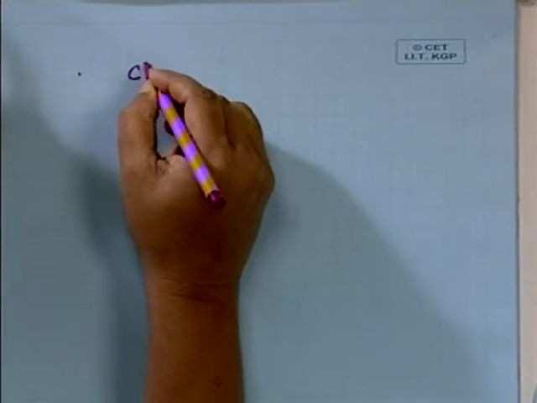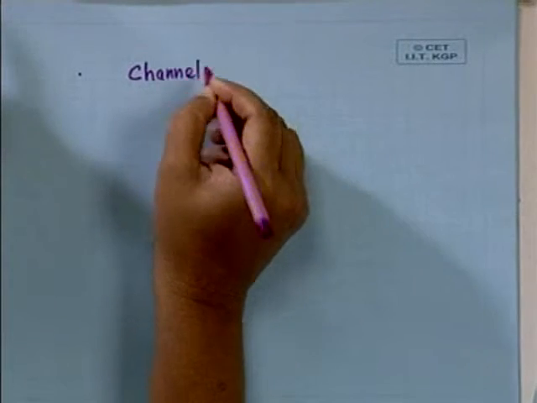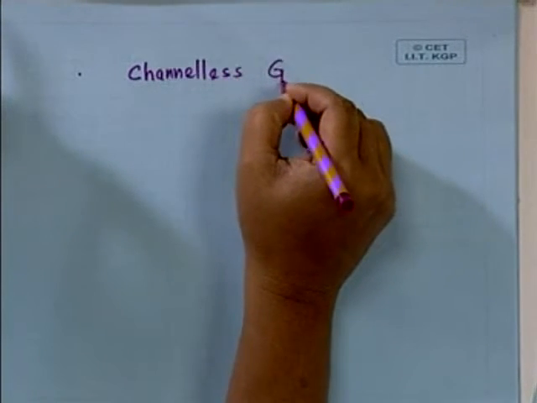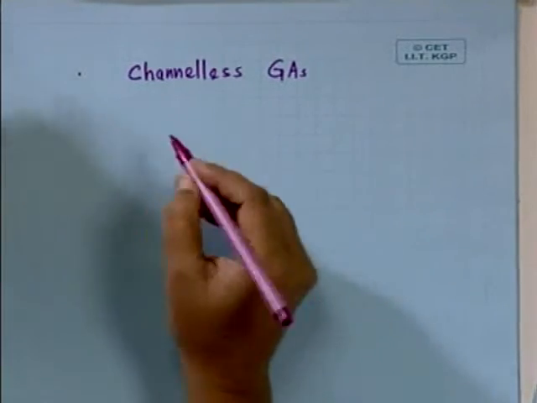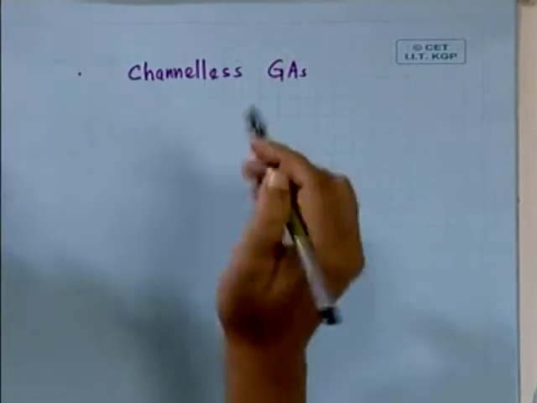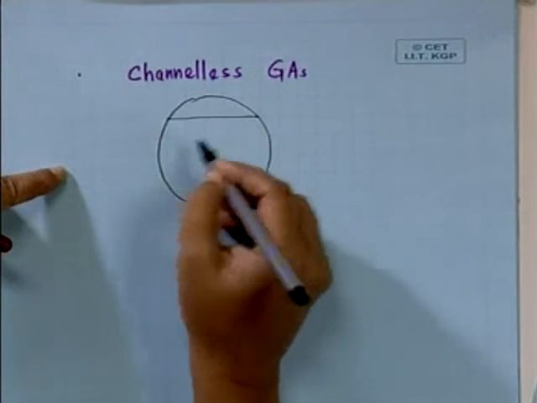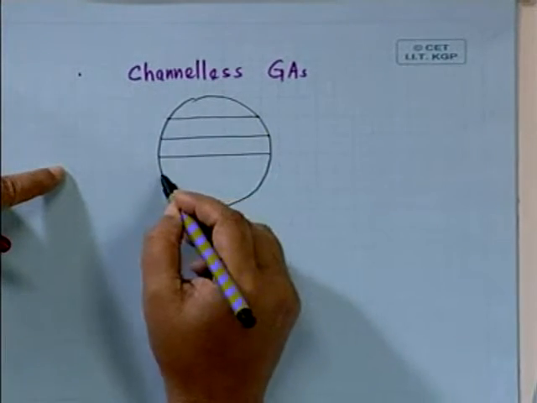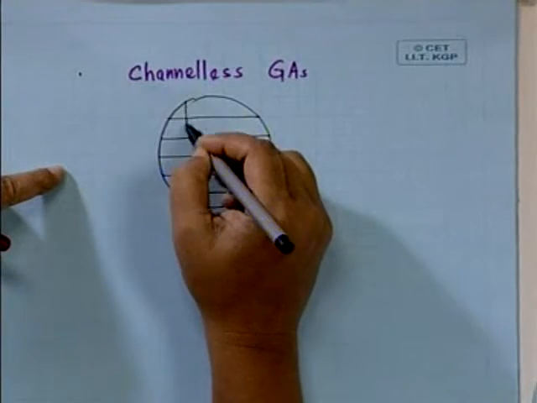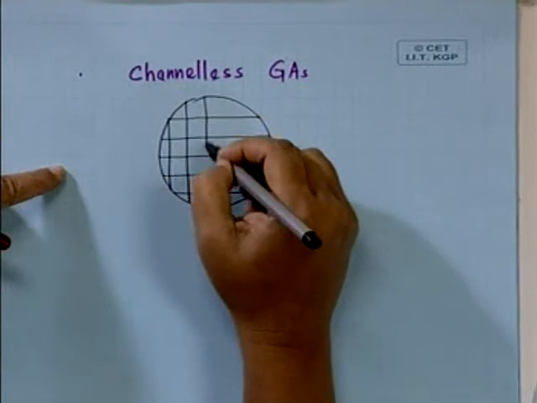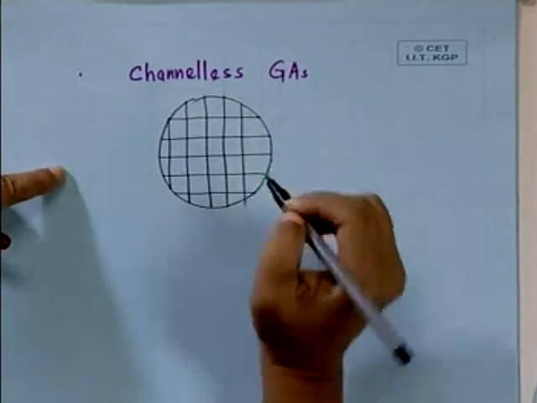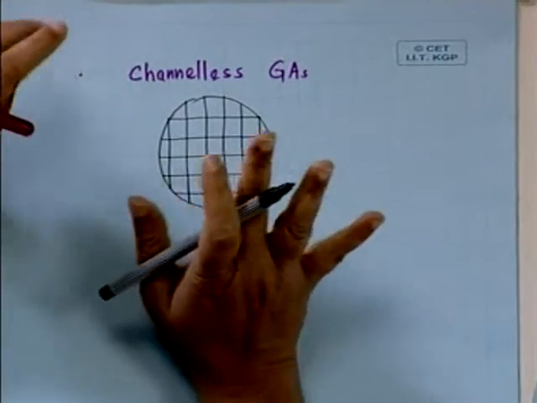So channelless GAs. Again, if we see one basic cell, here there is no channel for interconnections.